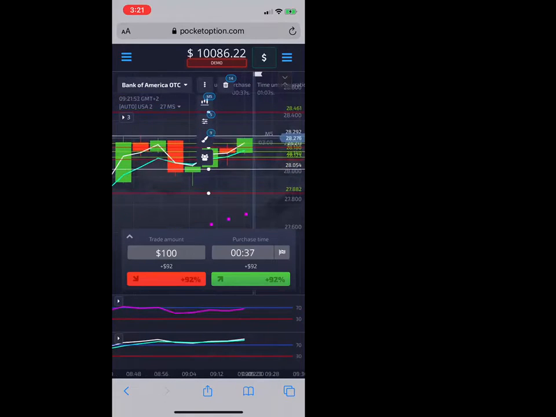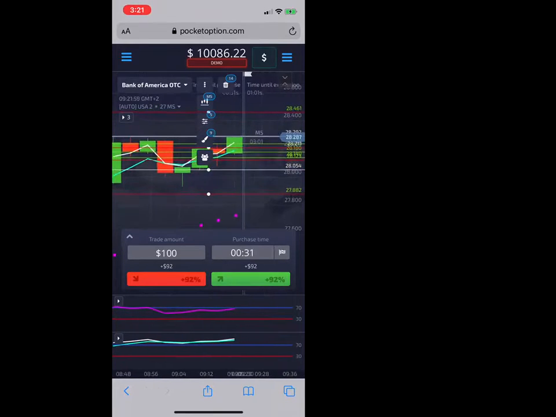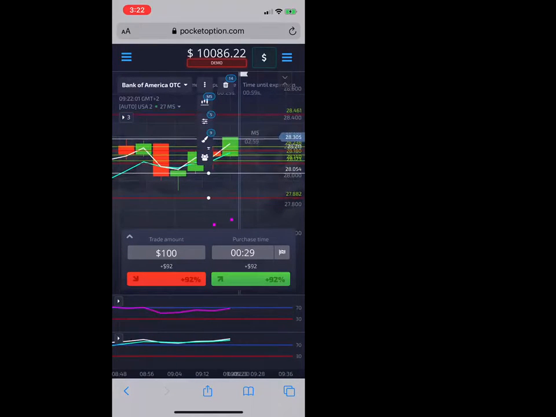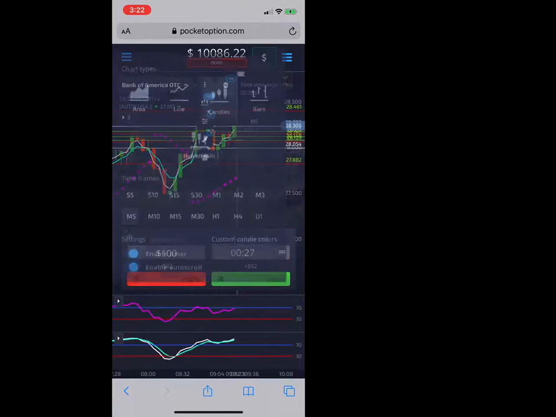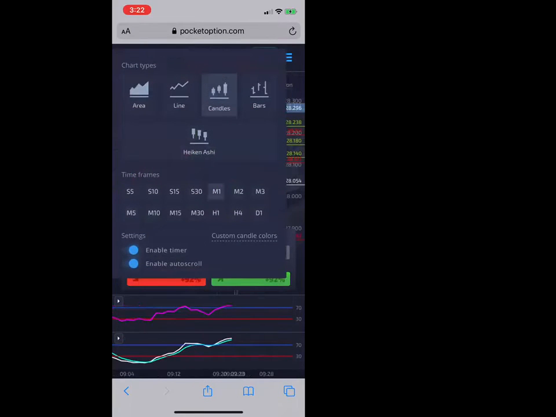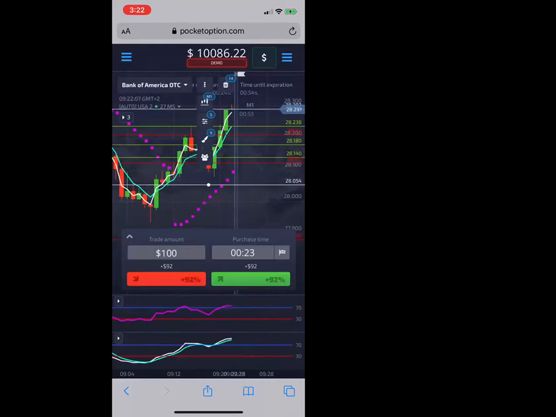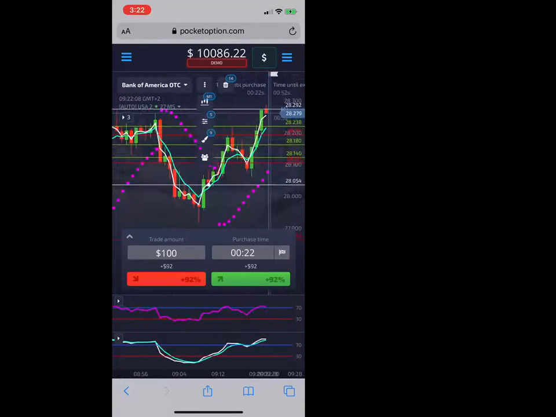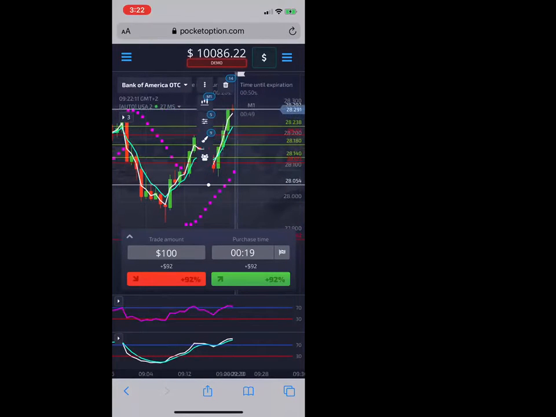So as you can see, it's crossing above that line. If the market breaks above, closes above that line, I'm pretty sure we should be looking for a buy. So now I'm on a 1 minute time frame. As you can see, it's just wicking from that zone right now.